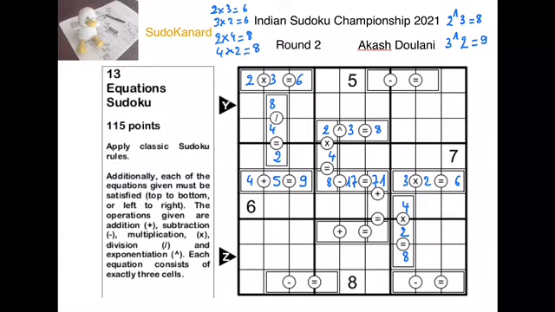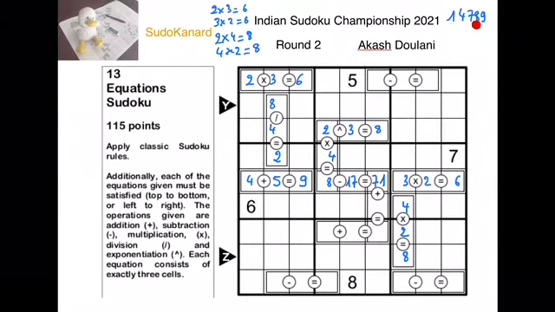The remaining digits are 1, 4, 7, 8, and 9. And we know that here, one of them must be the sum of the other two. So you can't have 4 plus something be any other digit here.